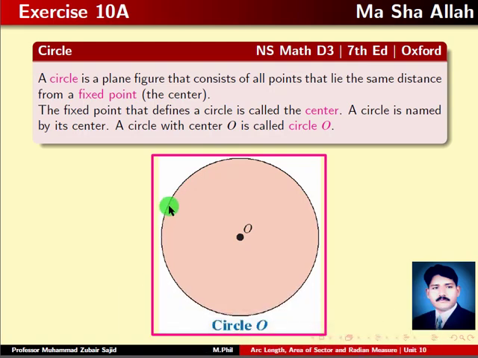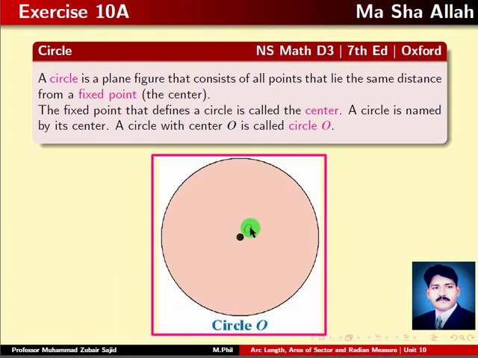The circle is a plane figure and this fixed point O is called the center of the circle. Every circle is named by its center. As the center of this circle is O, hence this circle is called circle O.